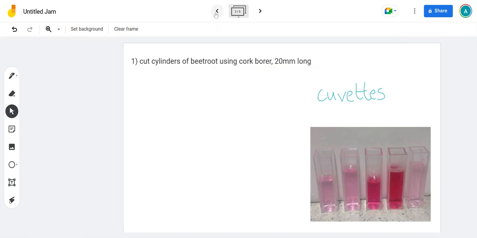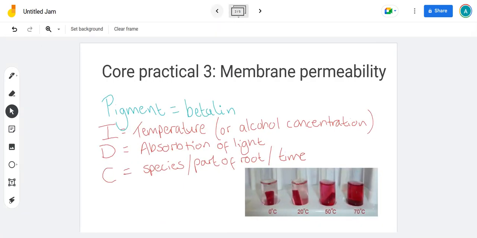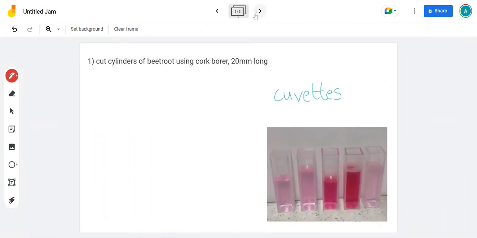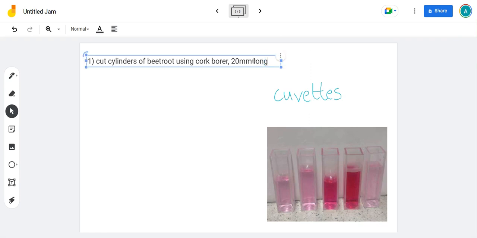If we go back to here, a really important one we should have put on here is that another control was the surface area of the beetroot. Each one needs to be the same size so it's got the same surface area. So we cut out our little cylinders of beetroot first of all. What do we do next?